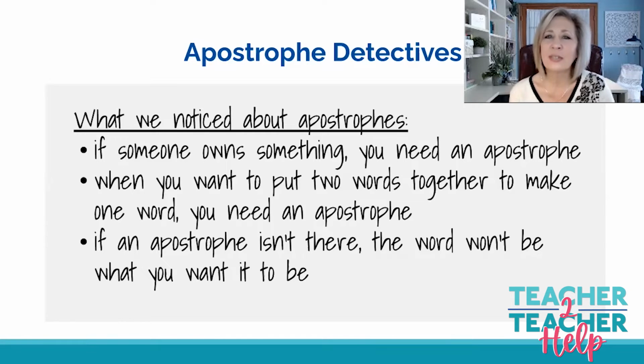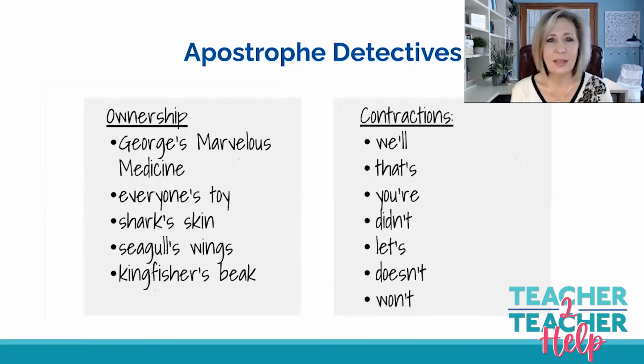Then we started to take it a step further and try to come up with some generalizations. Now, the generalizations that they were able to come up with from the examples that we collected were sometimes it shows ownership and sometimes it's used in a contraction. So two different ways that we might use apostrophes.